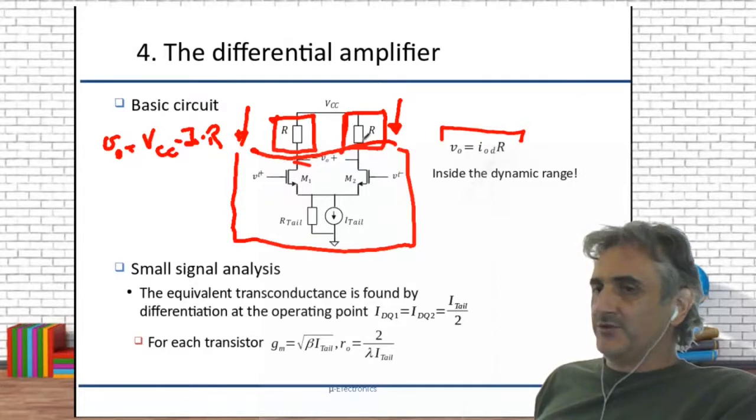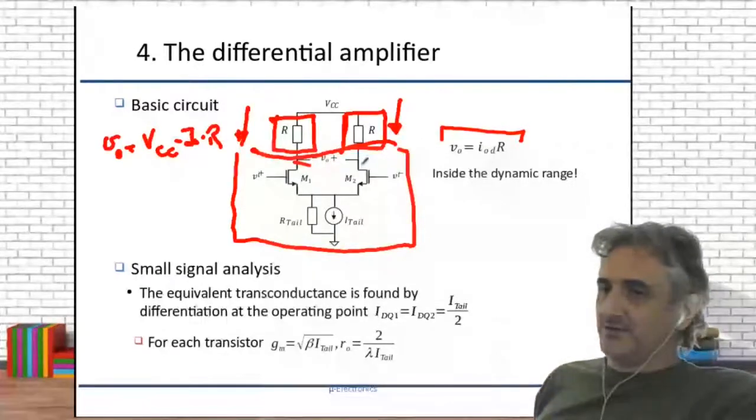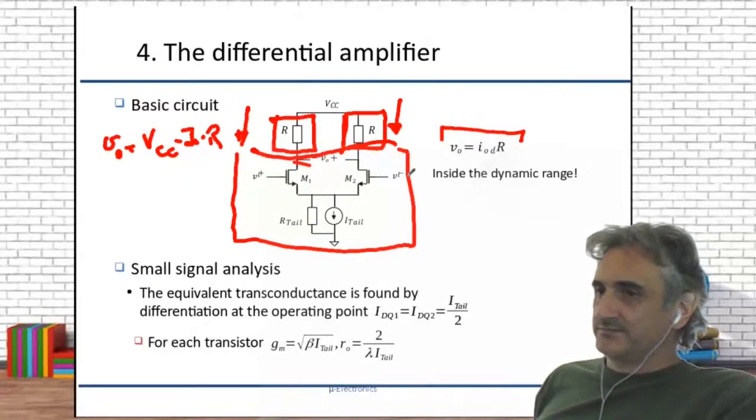That means that we are not going so far away that the voltage goes below the voltage necessary to keep them in the saturation range.